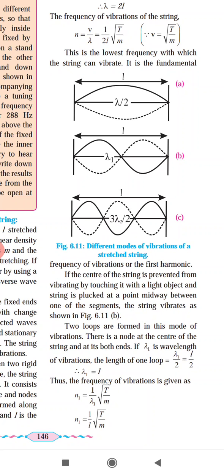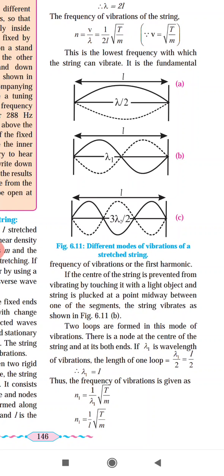So the frequency of vibration is given as N1 is equal to 1 upon lambda 1 into root of T upon m. So N1 is equal to 1 upon L into root of T upon m.